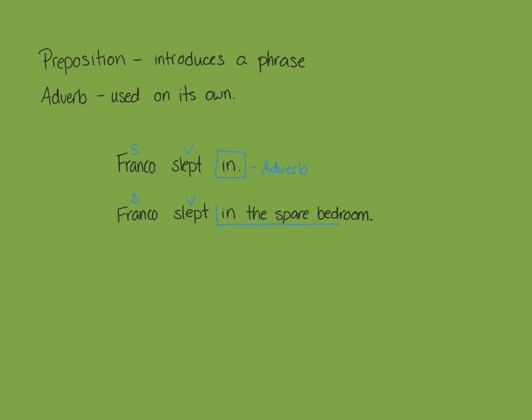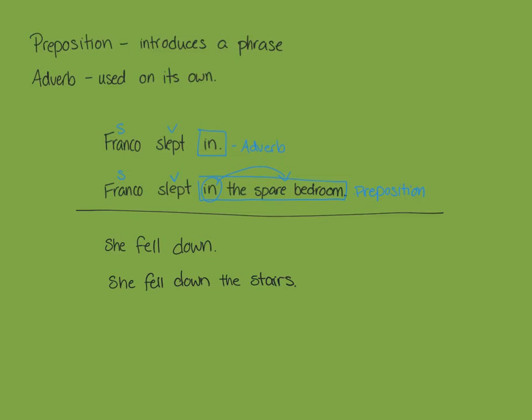Whereas in the spare bedroom is a whole phrase, and it's telling you where he slept. So this would actually be a prepositional adverb phrase, but we can just call this one the preposition because it's beginning the phrase.